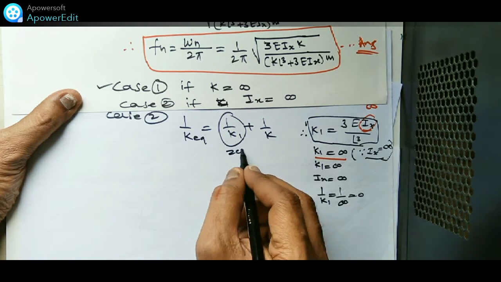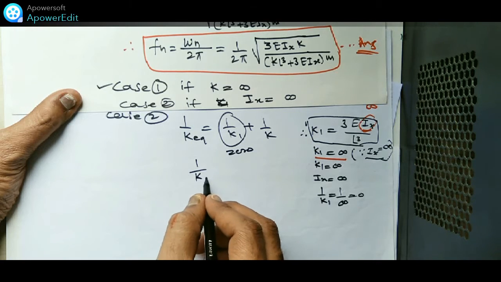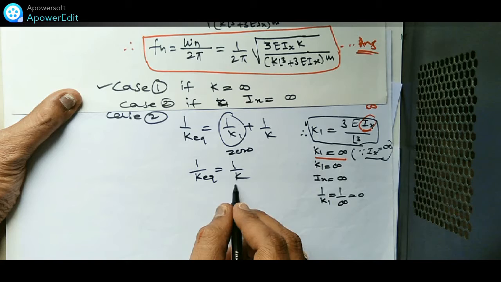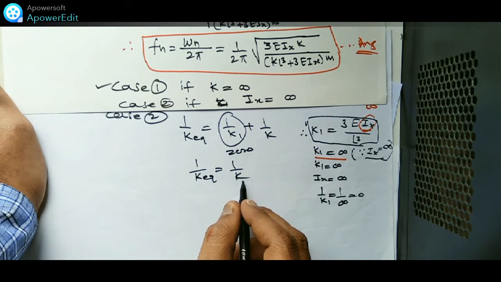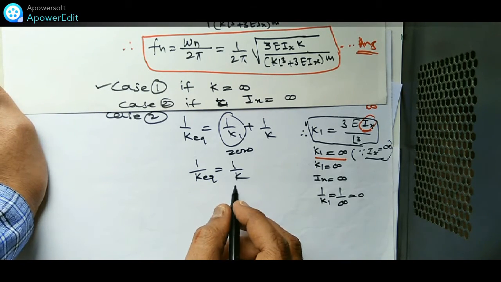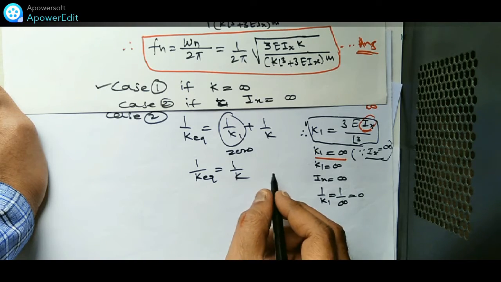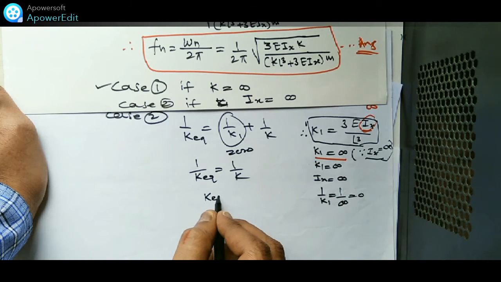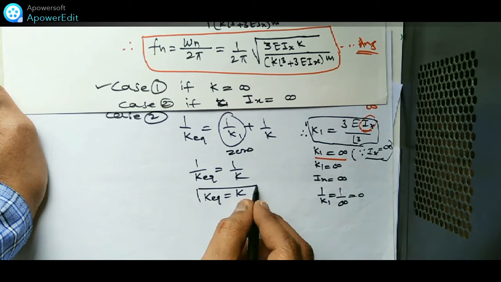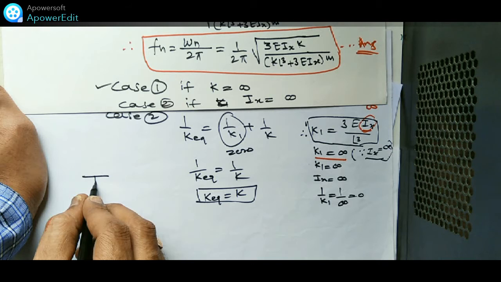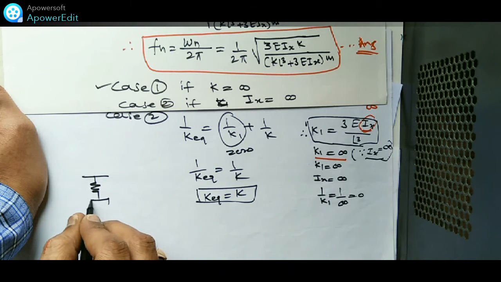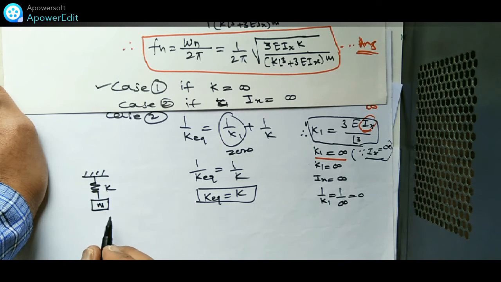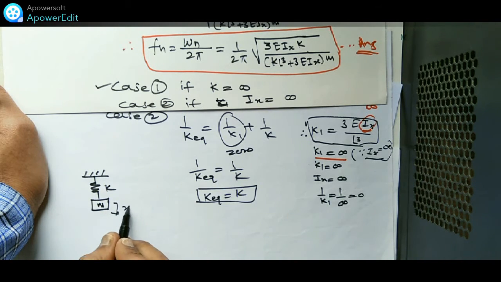Then ultimately k equivalent is equal to k, the stiffness of the spring. So this system becomes a simple spring mass system with stiffness k and mass m, displaced by x distance.